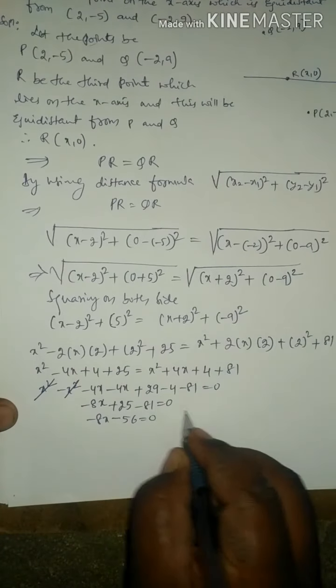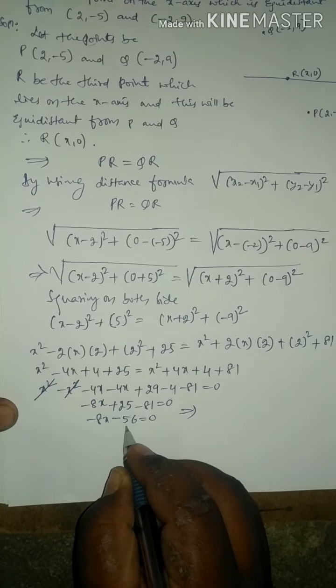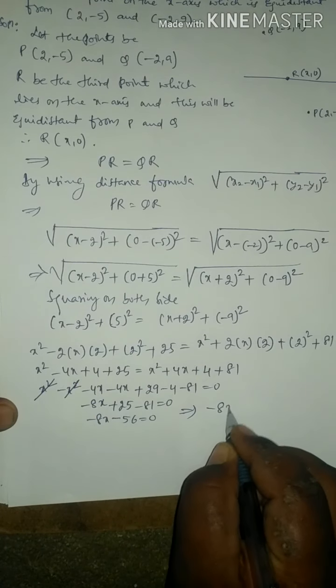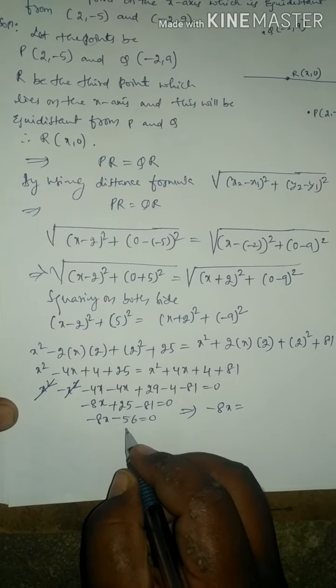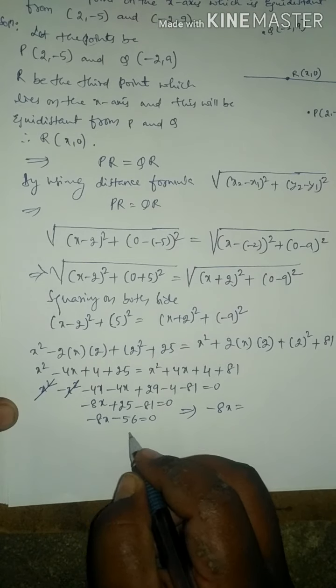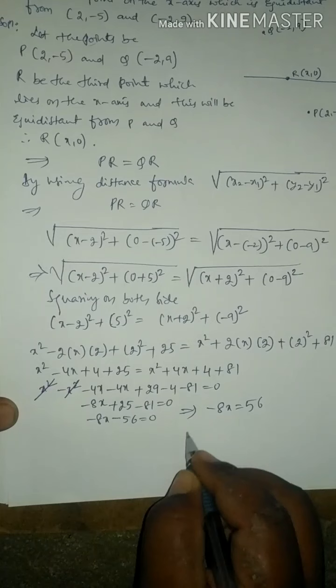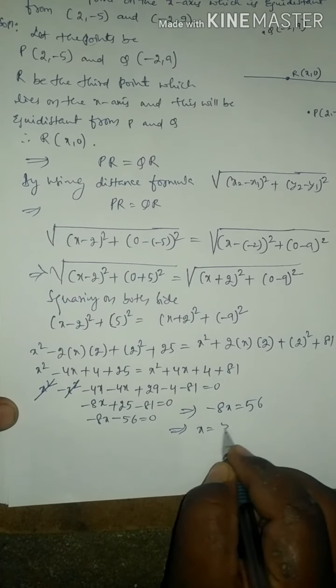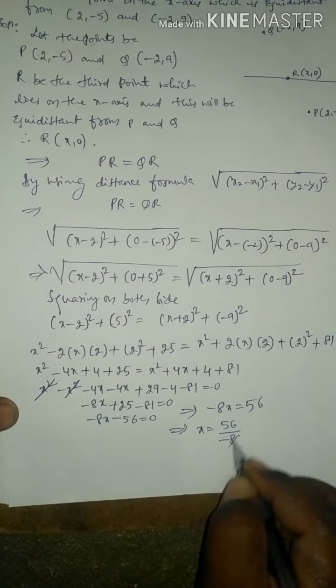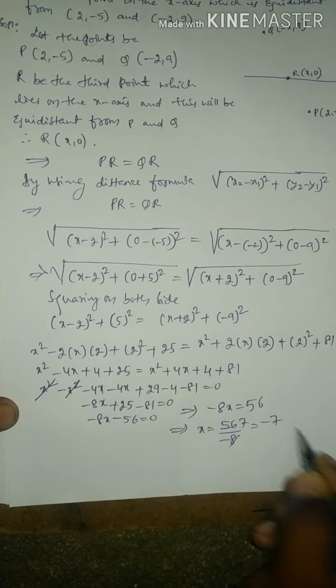Now what to do? We have to transpose 56 to the RHS. Minus 8x is equal to, if you transpose minus 56 from LHS to RHS, it will become plus 56. So x is equal to 56 divided by minus 8. 8 1s are 8, 8 7s are 56. It will become minus 7.